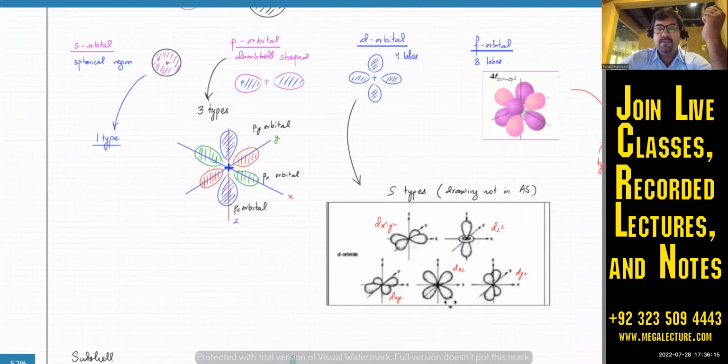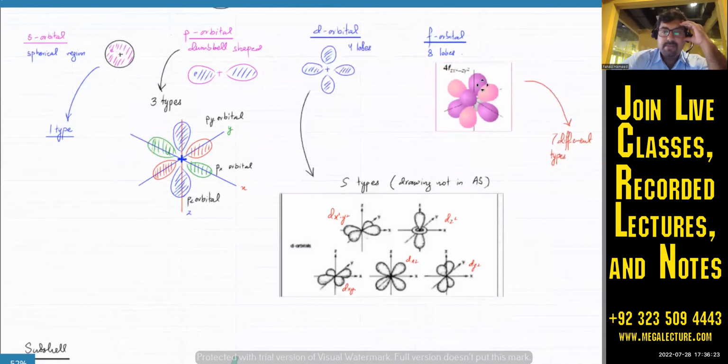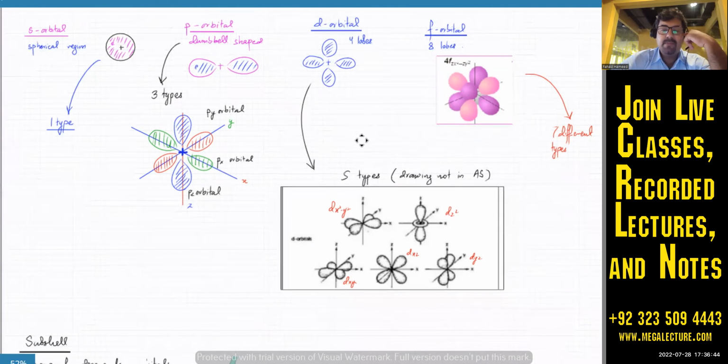The electron could occupy regions around the nucleus in 5 different ways if it's in the d orbital. And then you have an f orbital. You group them together, that's a subshell. The p subshell can have a maximum of 6. The d subshell, considered together, can accommodate a maximum of 10 electrons. And the F subshell will accommodate 14.